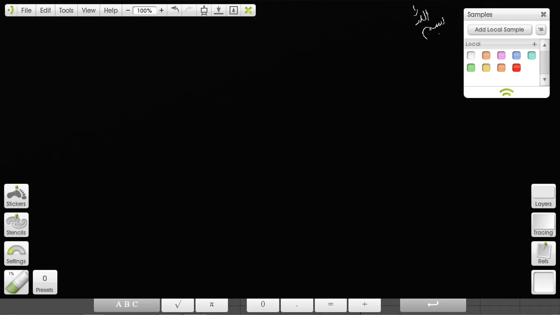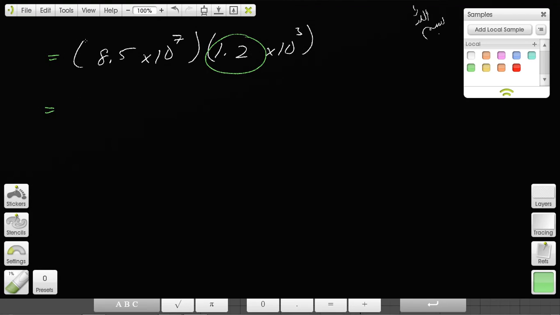When you multiply scientific notation numbers, for example 8.5 times 10 to the 7, that's a number in scientific notation, times 1.2 times 10 to the 3, you can multiply these together and you get 10.2, and then you multiply these together.